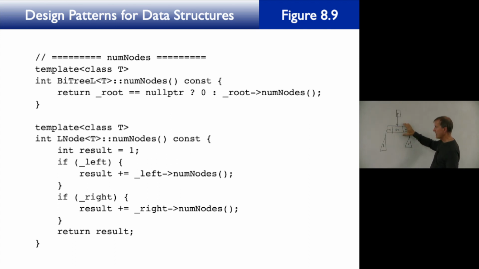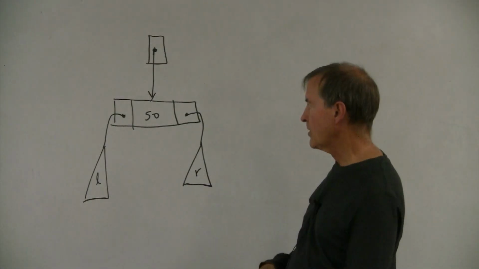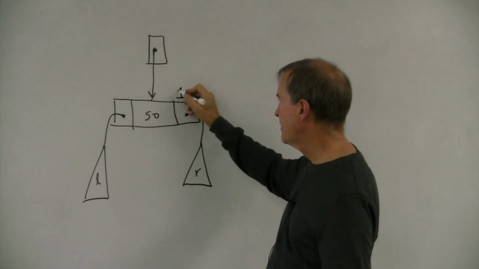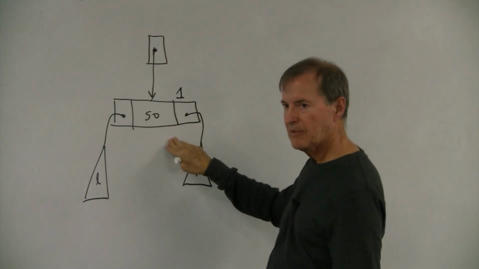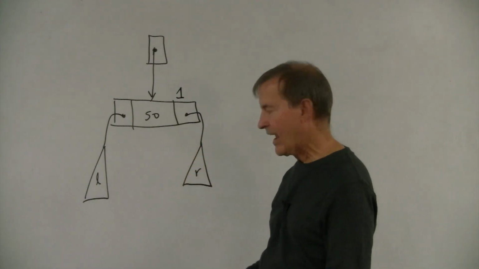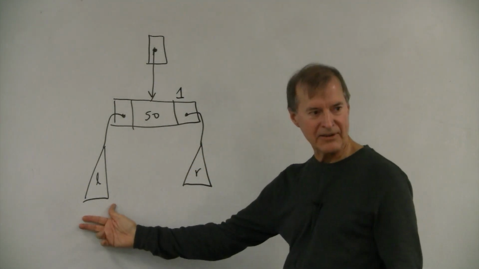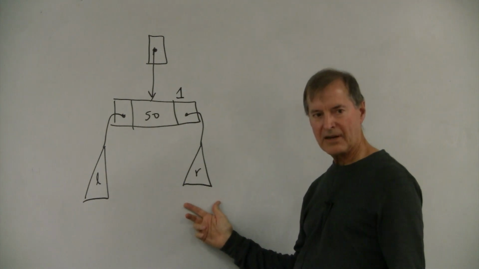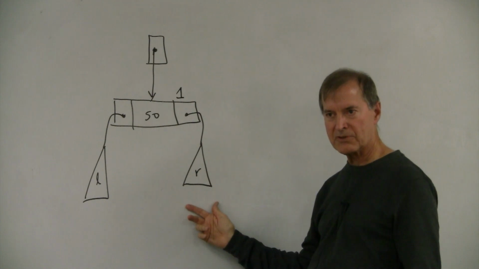Now the question is, how many nodes are there in this tree? Well, there's obviously 1 for this, plus however many are in here, plus however many are in here, right? Does everybody see how that works recursively?